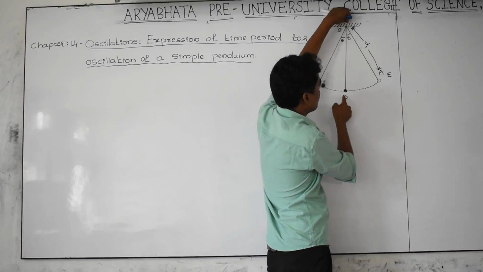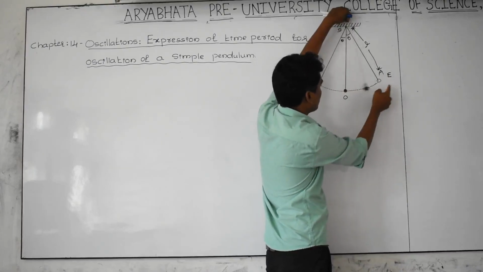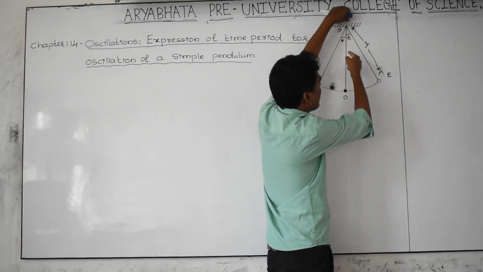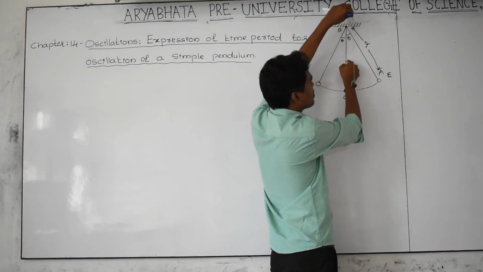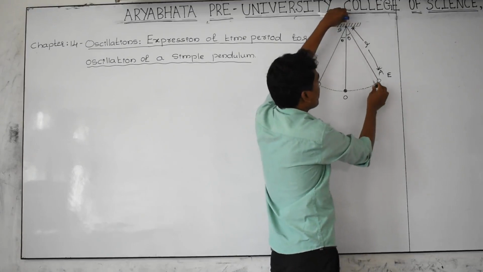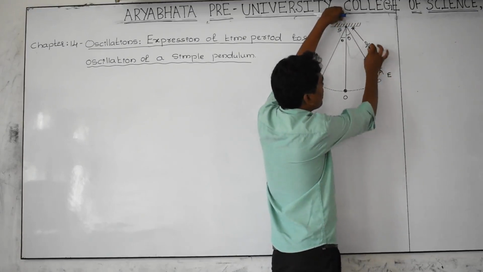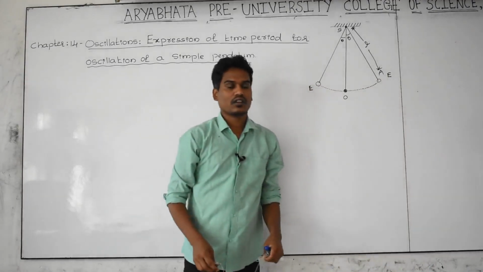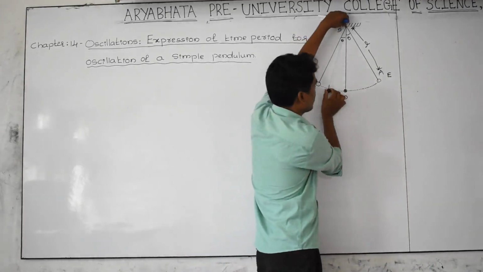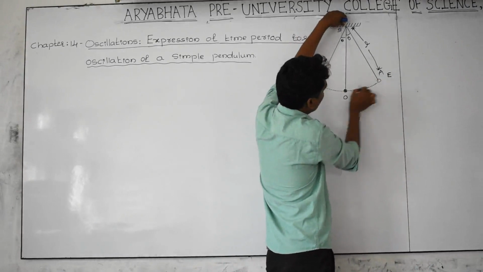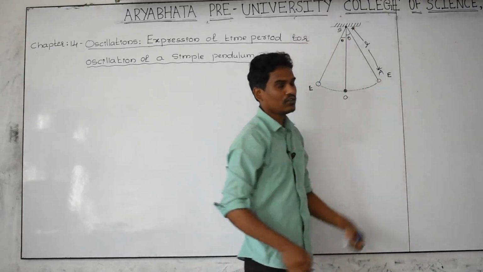This is the mean point and the extreme points. The angle between this line and this line is theta, and the length of the thread is L. This is one cycle, two cycles, three cycles, and so on.